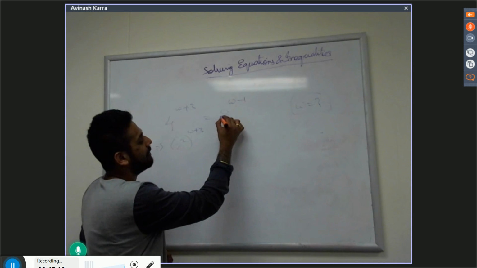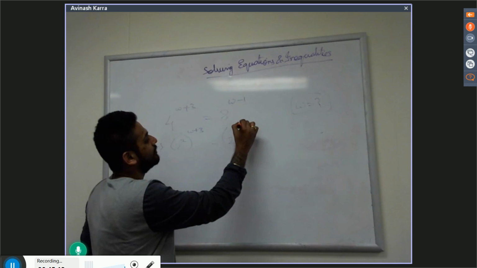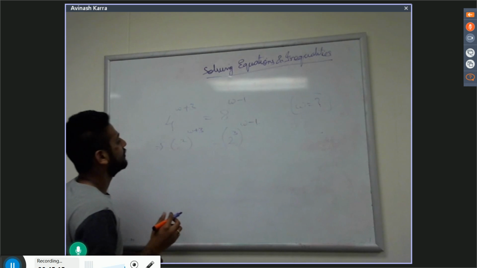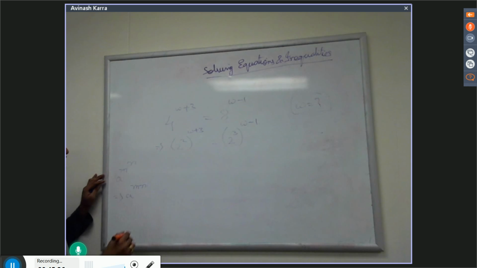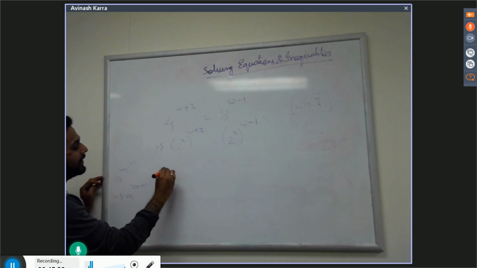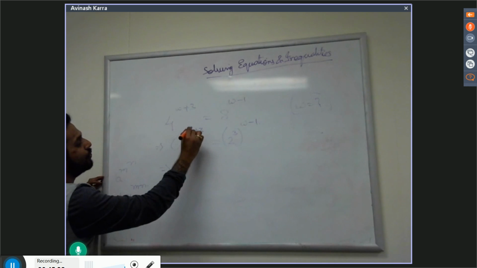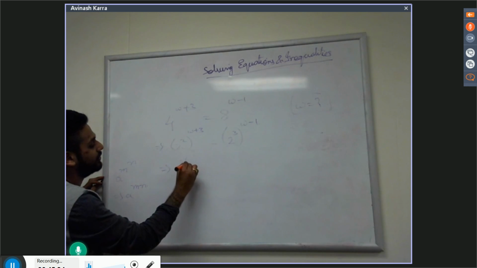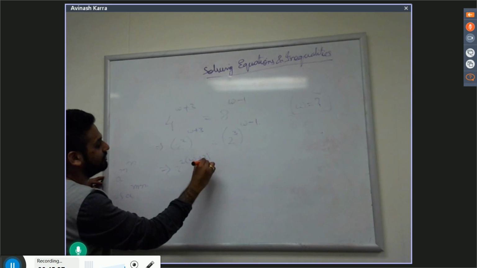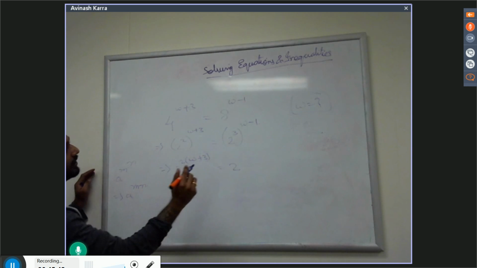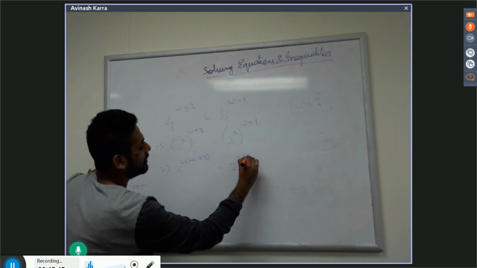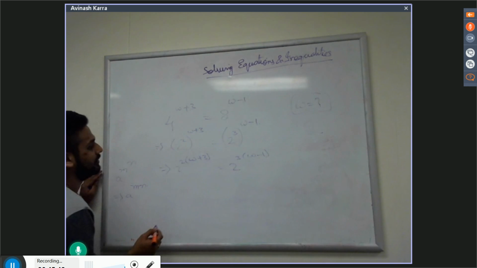So I'm writing 8 as 2 to the power of 3, to the power of w minus 1. What is a to the power of m to the power of n? It is a to the power of mn. From this formula, I get 2 to the power of 2 into w plus 3 is equal to 2 to the power of 3 into w minus 1.